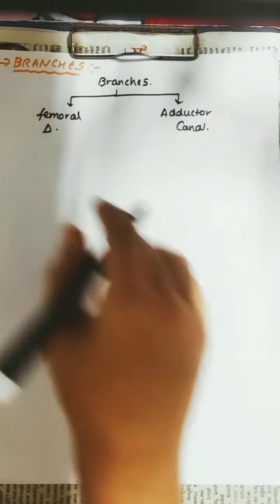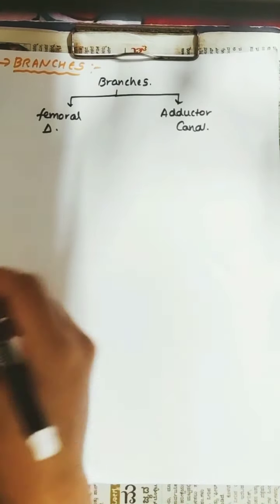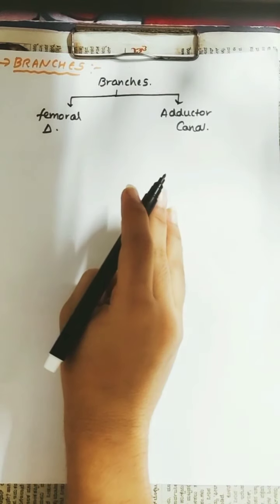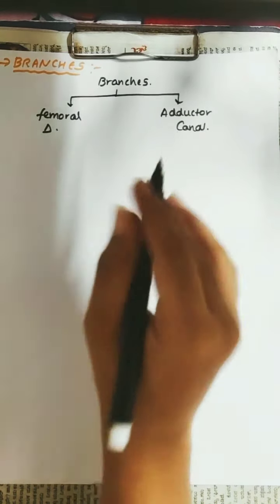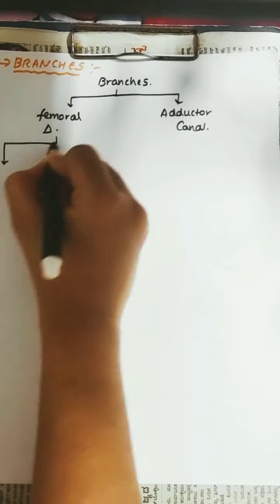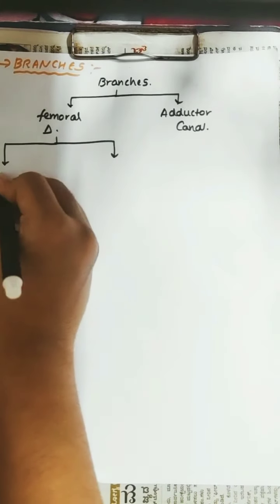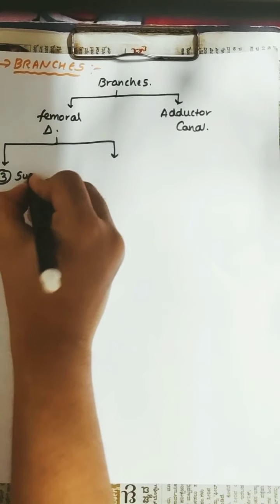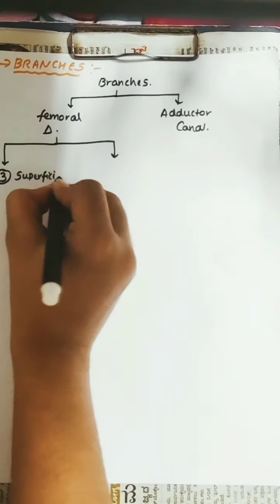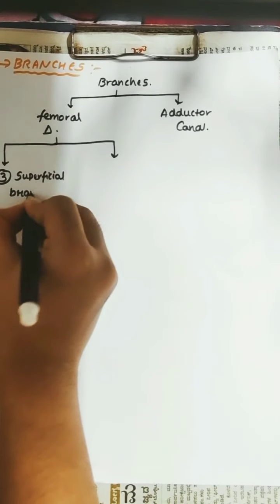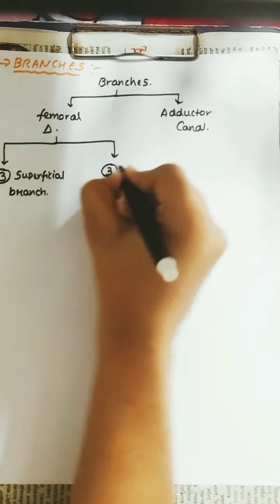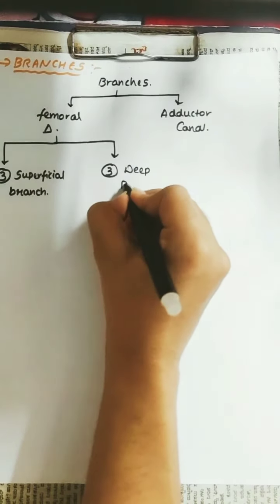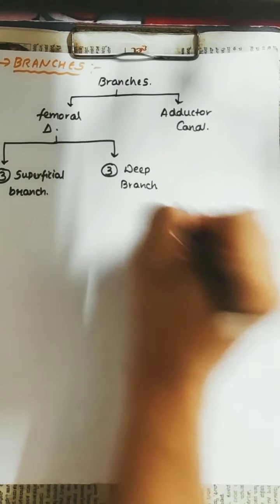Near the femoral triangle area, it gives 3 superficial branches as well as 3 deep branches. Point to be noted, it gives 3 superficial branches and 3 deep branches.